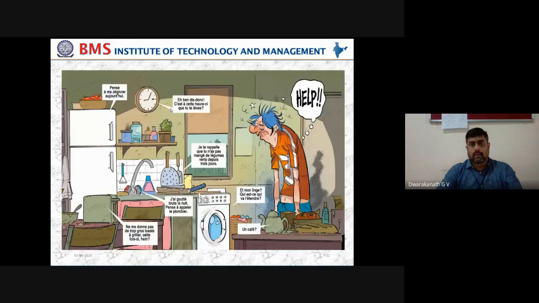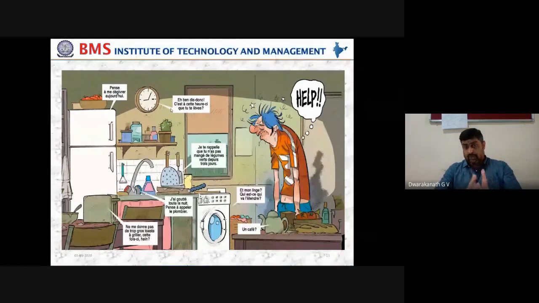Now, for you, a question arises again. Can you help this person? Here, it's in a French language. He needs some help from you. You have to help, and one thing, you should write on a sheet of paper what the man needs. Are you getting everyone?